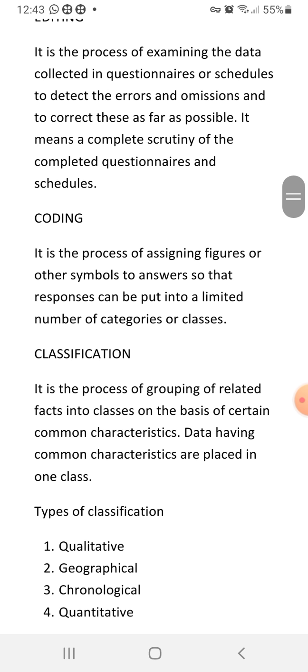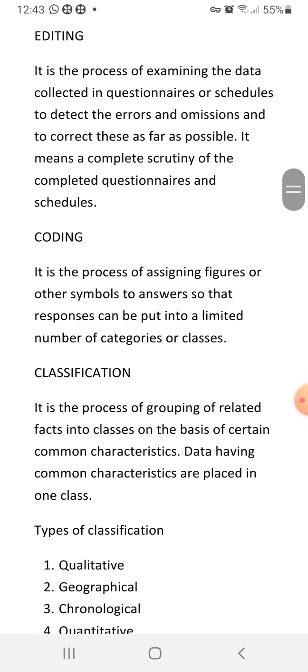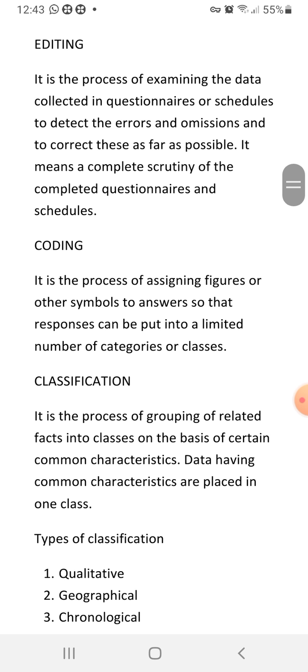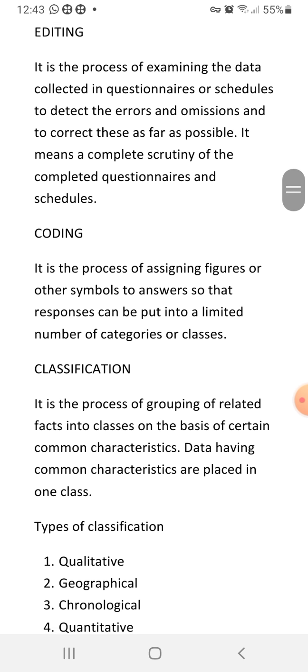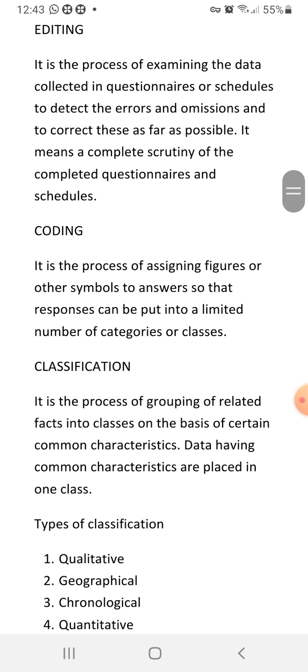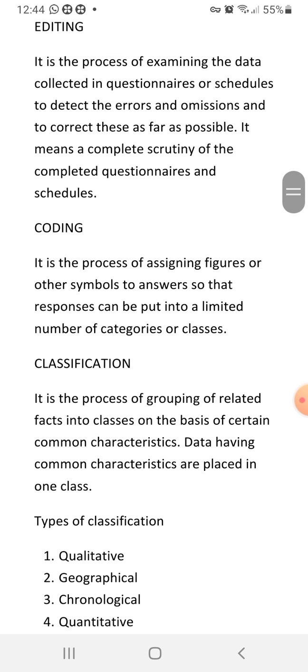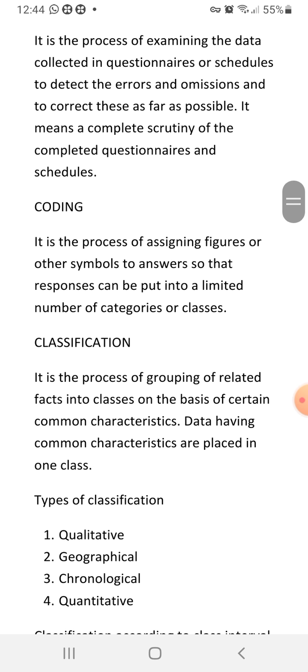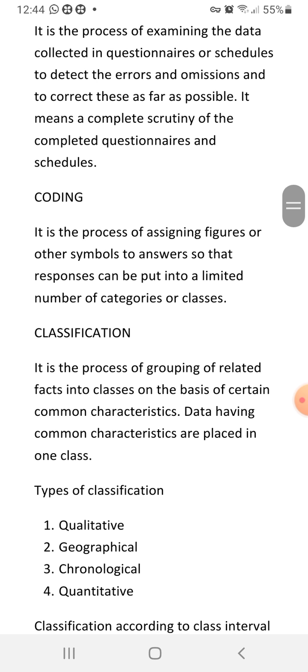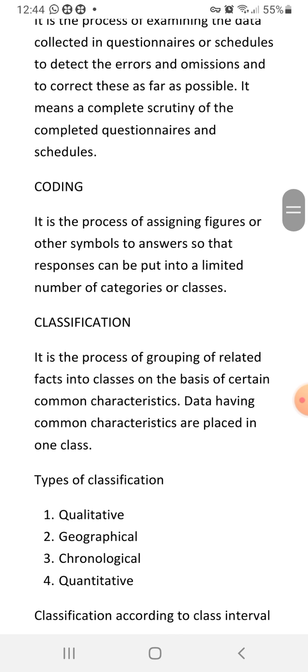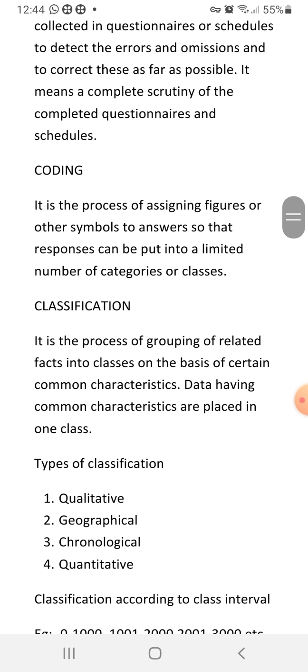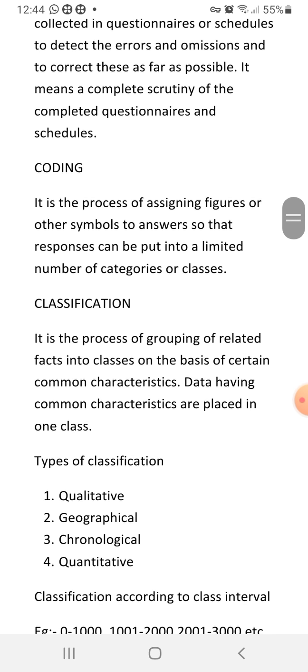When there are more than 2 responses, highly satisfied, satisfied, no response, dissatisfied, highly dissatisfied, maybe like that, then you assign 5 for highly satisfied. Some people say that they are satisfied, then assign 4 for satisfied, 3 for no response, 2 for dissatisfied, and 1 for highly dissatisfied. Likewise, you make some codes.